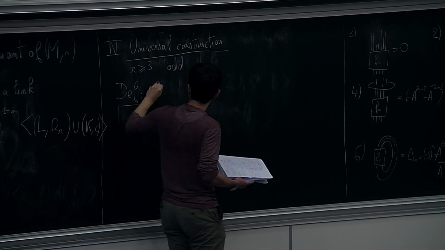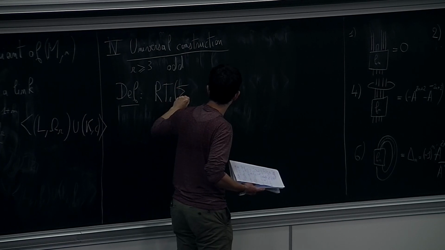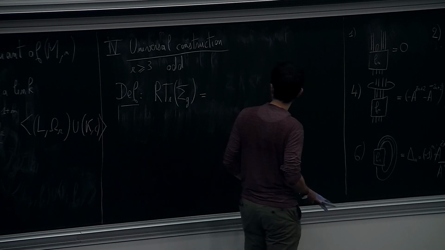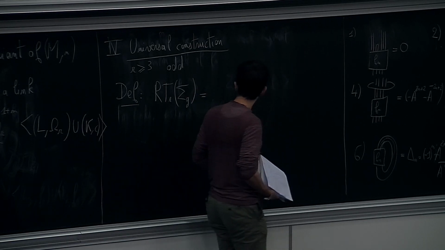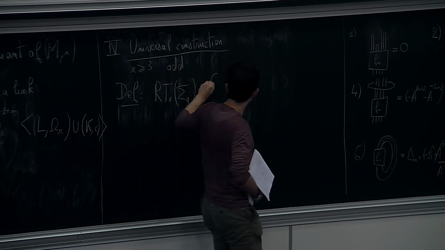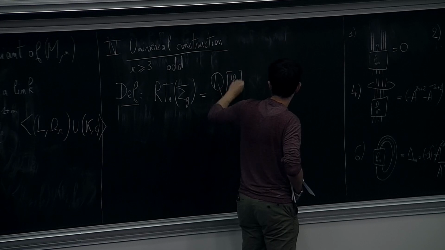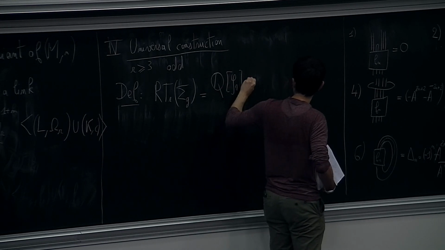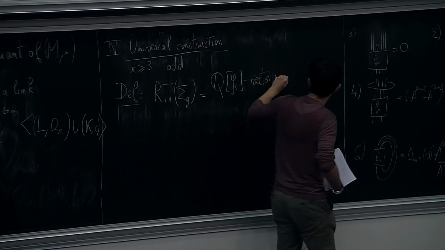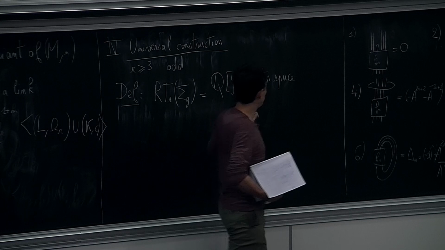I take RTR of the surface sigma g, which I will define as a vector space, a quotient of a vector space formally spanned by all three-manifolds with boundary sigma.